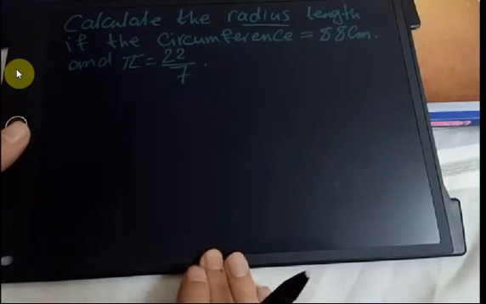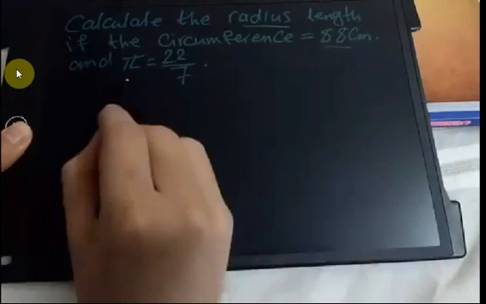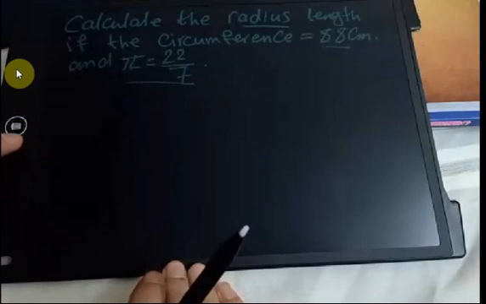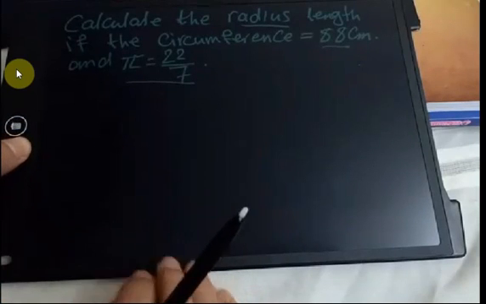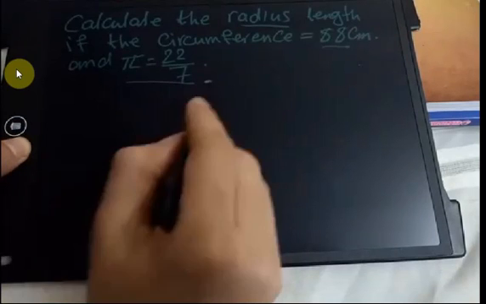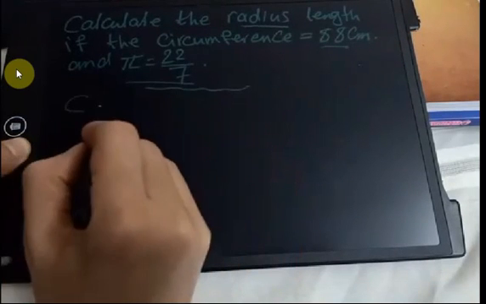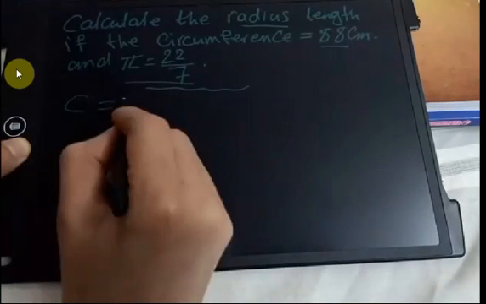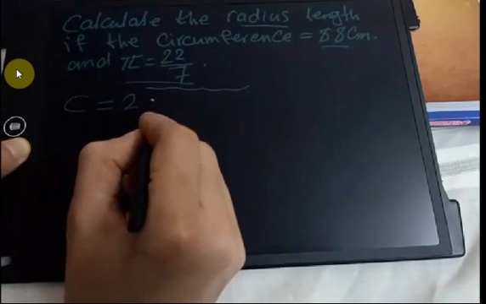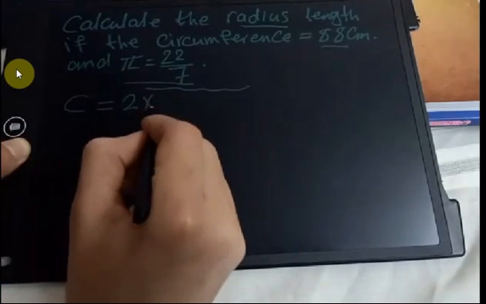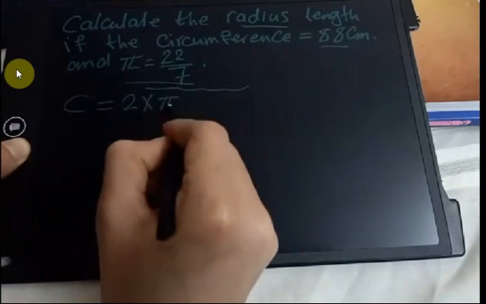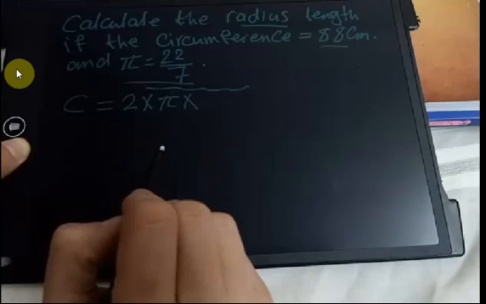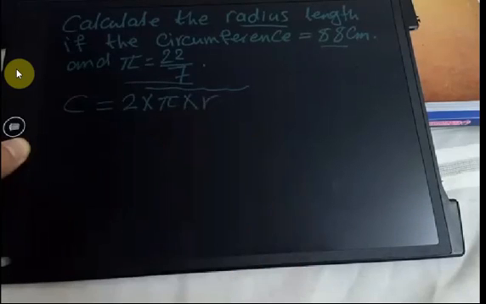I need the radius. You have the circumference equals 88 and the pi equals 22/7. So which rule can you use? Circumference equals 2 times pi times r.